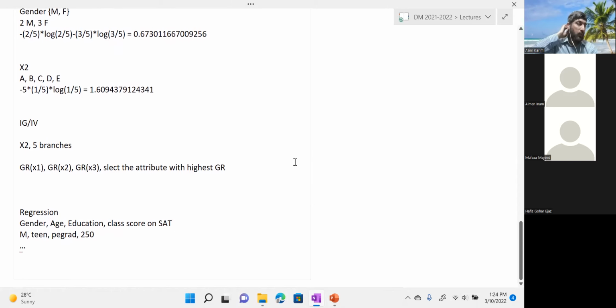So what will happen in this case? How do you determine the purity of a set? Let's say your original data set is all examples. In it I am writing just the SAT scores: 250, 260, 280, 200, and 300. Okay?